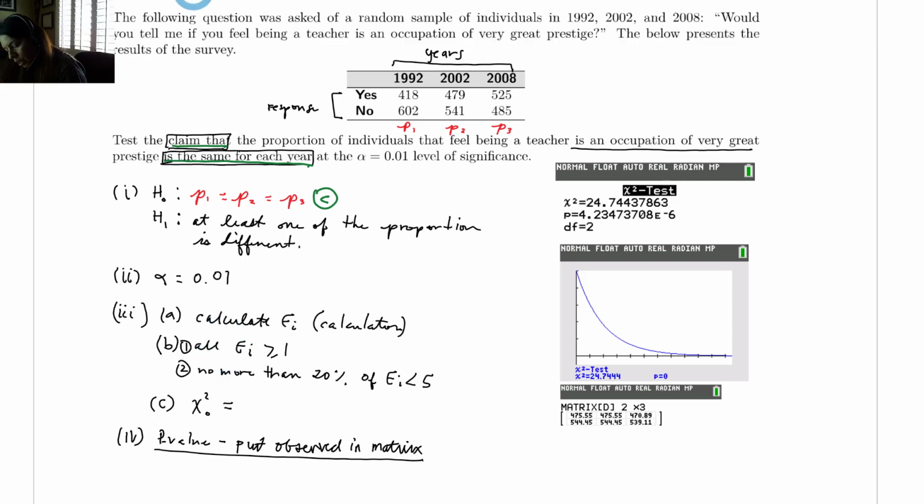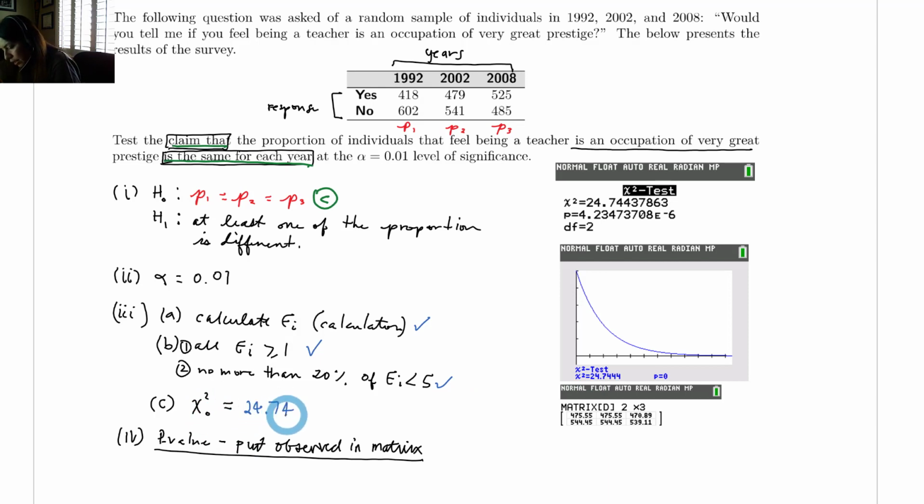I'll do blue. So we did that in the calculator, right? We calculated expected counts. All expected counts are greater than or equal to 1, so we can see that they're quite large. And no more than 20% of expected counts can be less than 5, and none are less than 5, so we definitely match that. Our chi-squared test statistic is 24.74.